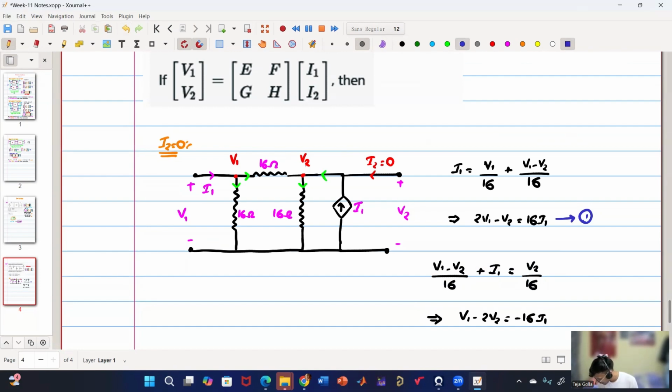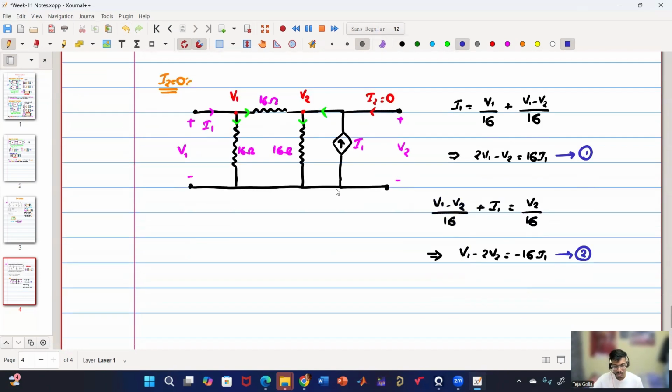So can someone calculate and tell me what is V1 and V2 in terms of I1 so that I can write it here? So what is my V1 and what is my V2 in terms of I1? Calculate and let me know.